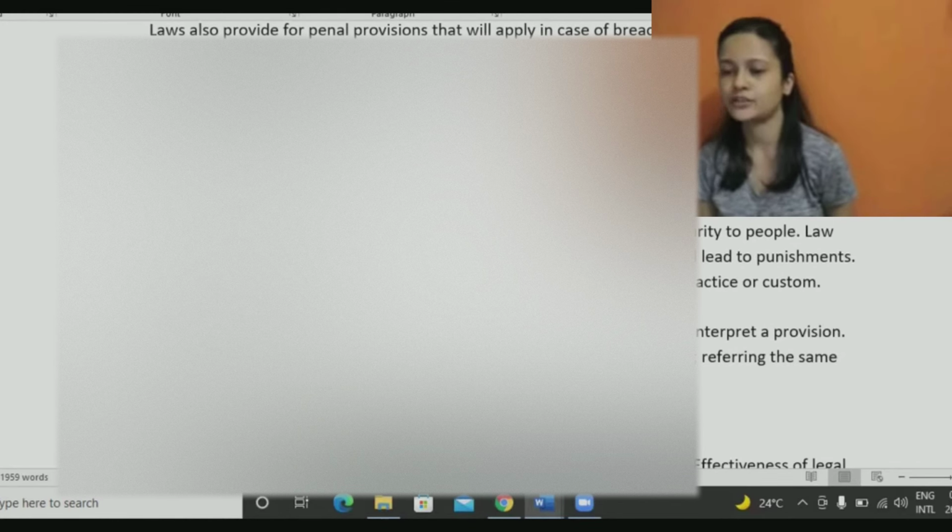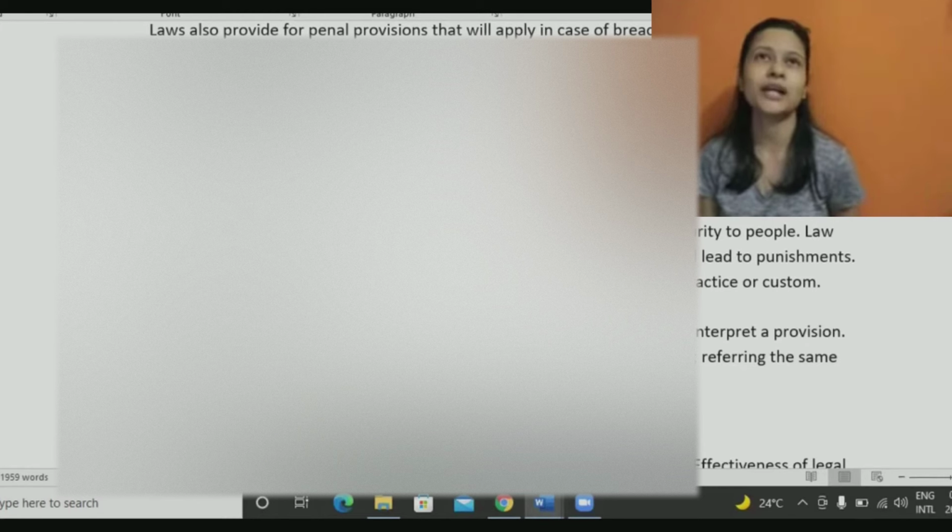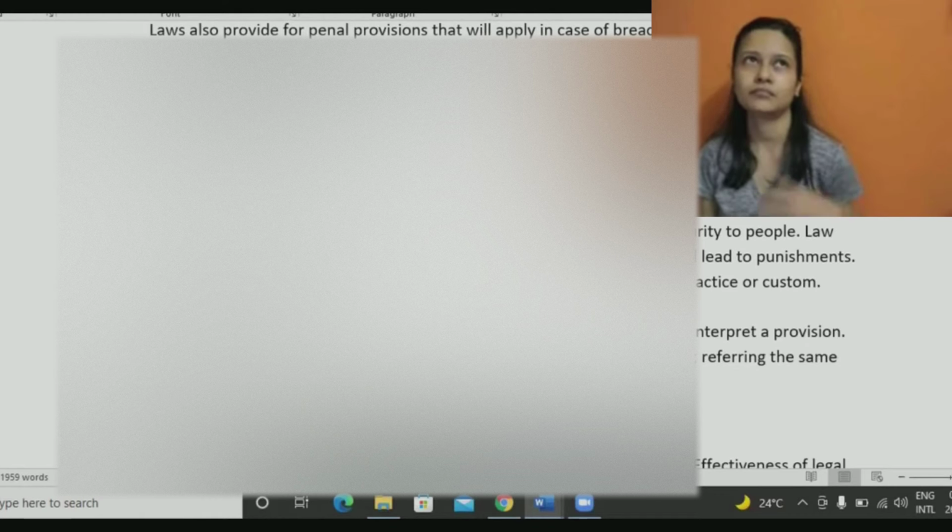Law tries to bring orderly change in society. Whatever changes are needed, it will try to bring those as well. Like previously, it was not necessary to avoid groups of people coming together, assemblies of people.